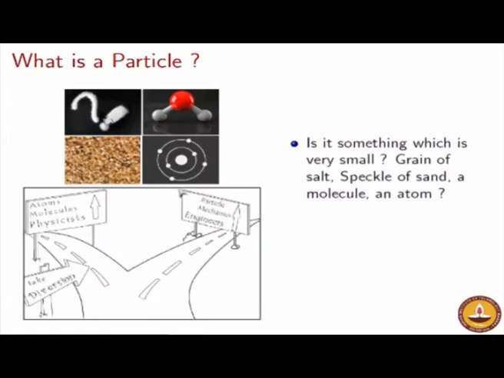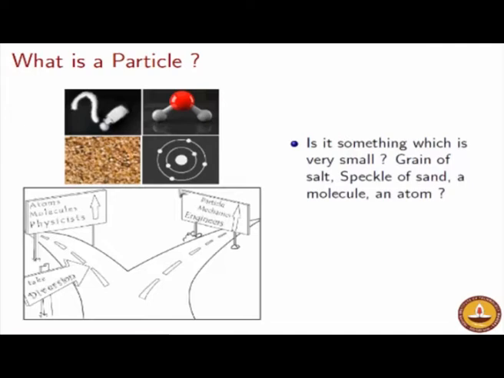To start with, what is a particle? It may appear to you that by the word particle we are trying to mean an extremely small sub element. It could be a very small thing such as a grain of salt, a speckle of sand, or even worse, molecules or atoms and whatnot.